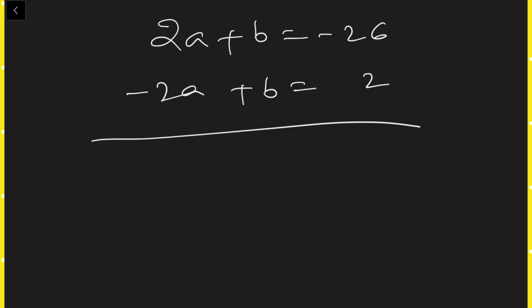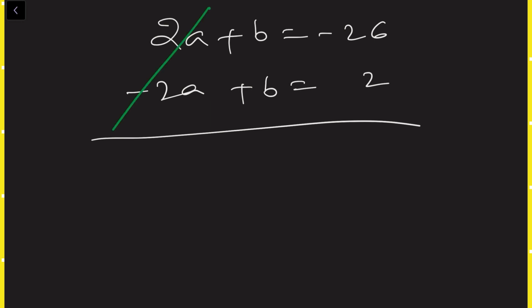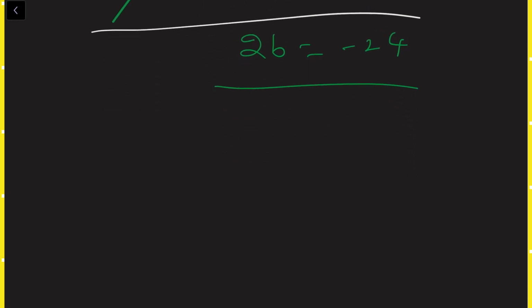I am going to add both the equations so that plus 2a and minus 2a cancel. B plus b, 2b equals minus 26 plus 2, which is minus 24. Take 2 to the right side, then it will become division. B equals minus 24 by 2. 2 12s are 24. So b equals minus 12.